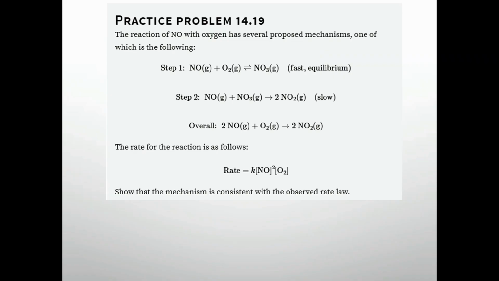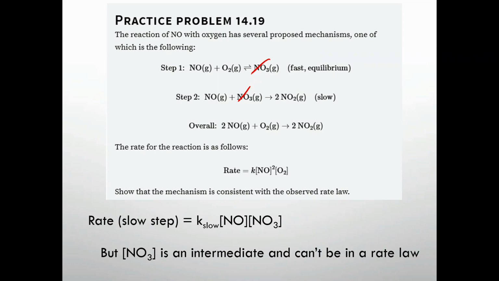My two-step reaction matches the mechanism because NO3 is an intermediate. And if the second step is slow, then my rate would be k times NO times NO3. But now I've got to go back to the NO3 and set it equal to something according to NO and O2.